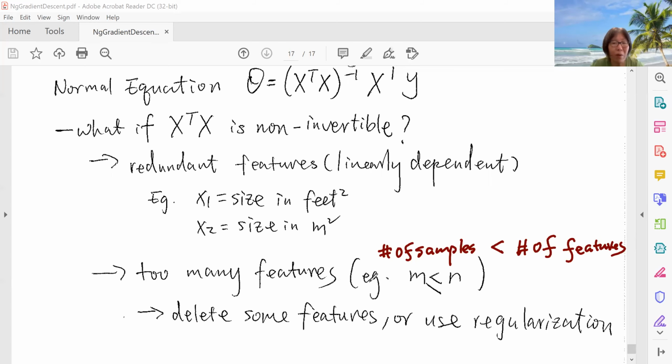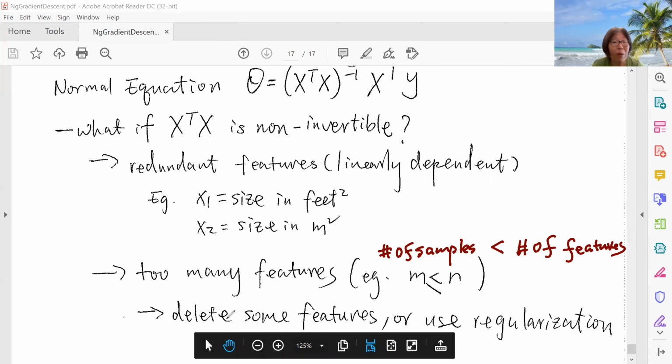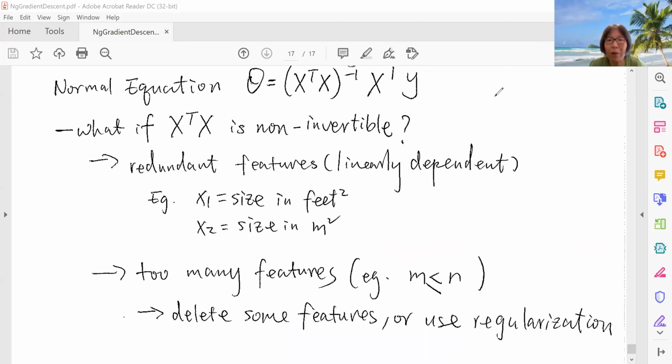In this case, you may not be able to find a solution the analytical way. Of course, there are ways to get around this in machine learning: we can reduce the number of features, and we can also use a technique called regularization. Later on we will learn the technique. So that's the general idea.